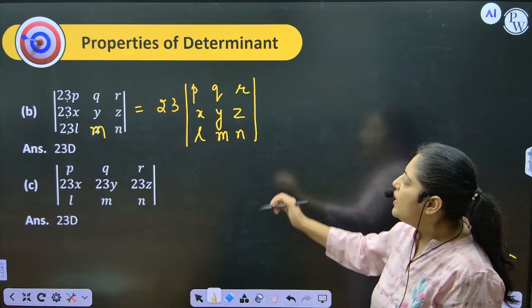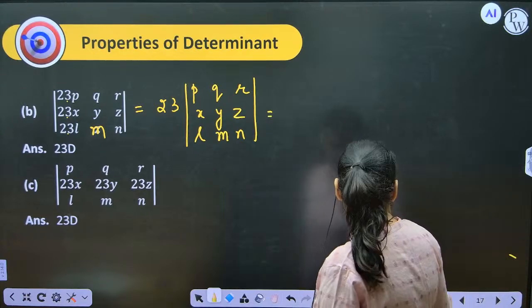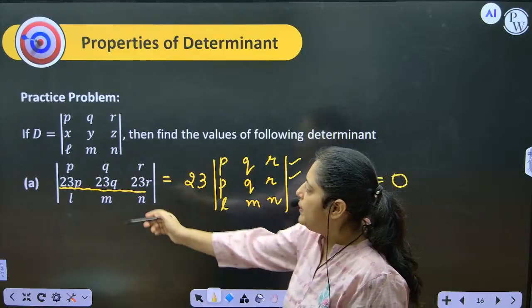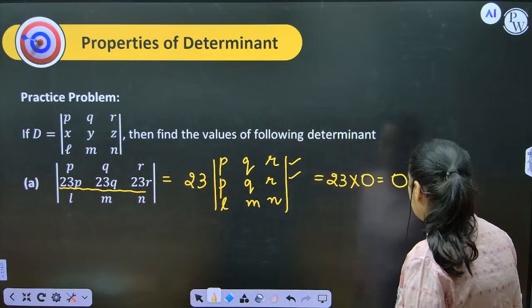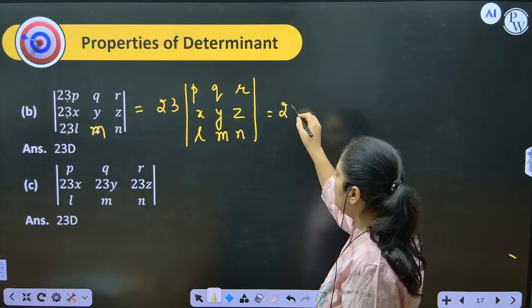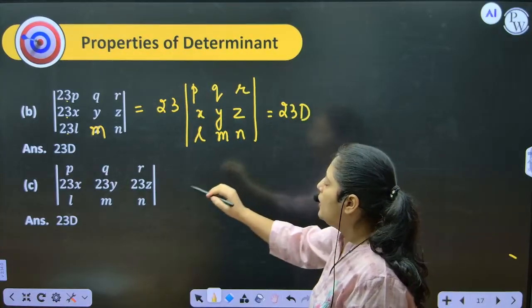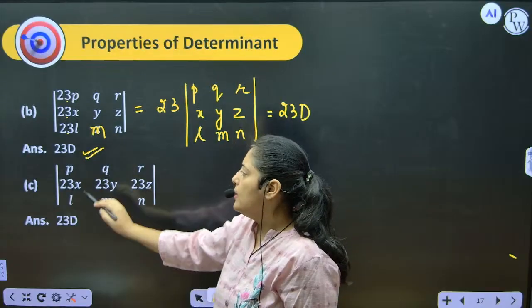Okay. Now, just now the question is nothing but what? PQR, XYZ, LMN. Which value is there? D. So this 23 into D is nothing but 23D is the answer.